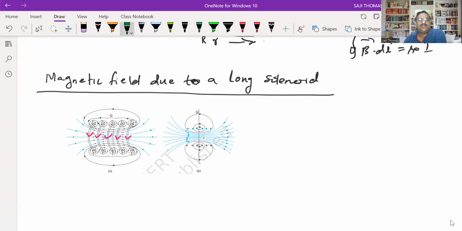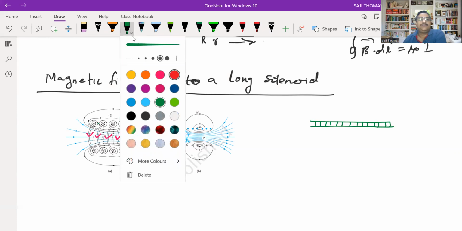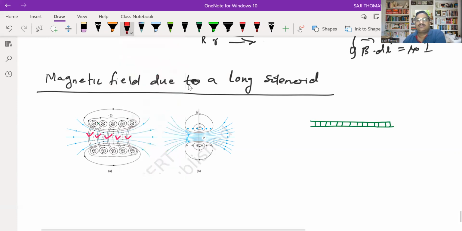I am drawing the top and bottom parts separately. This is the top part of the solenoid. You can see many turns like this, and all currents are coming out of the plane of the paper, so I mark dots there. These red dots represent currents moving out of the plane of the paper.